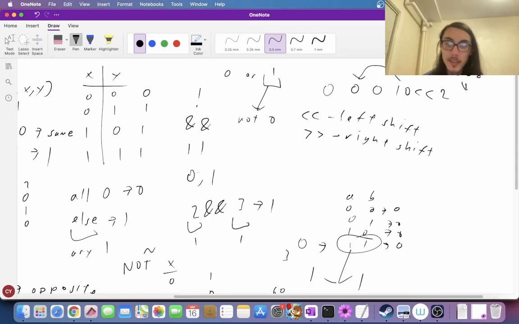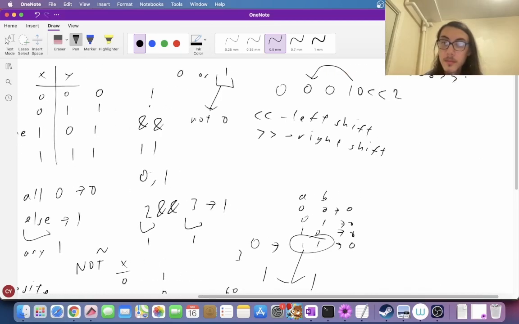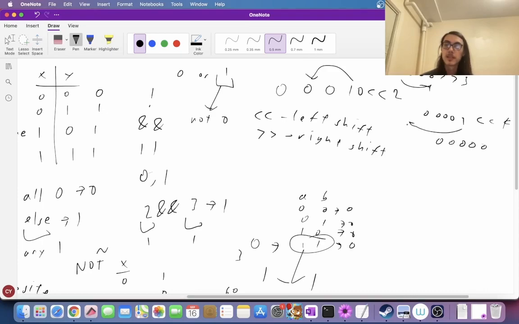If I now right shift this 3 positions or something, then this whole thing will become 00001. If something goes off the screen, it will not circle back, it will just go off. So if I shift this forward to the left, I'll just get 0. The 1 will just disappear.